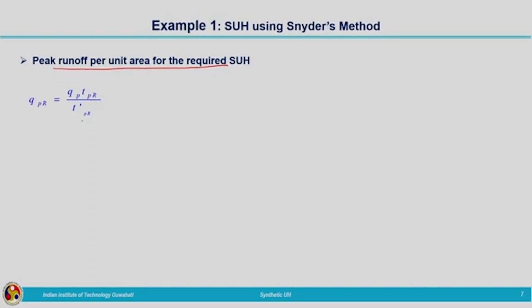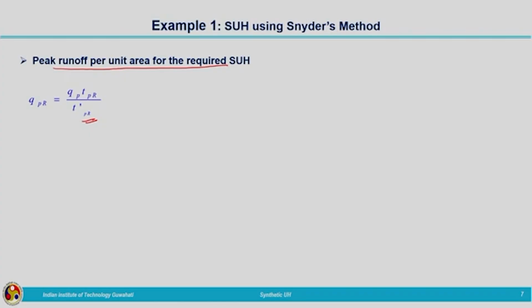This is the factor which I was talking about, TPR divided by T dash PR. Here the TPR which we divided by in the previous step gets cancelled, and in effect what we are doing is QP divided by that particular TPR dash which we have calculated.